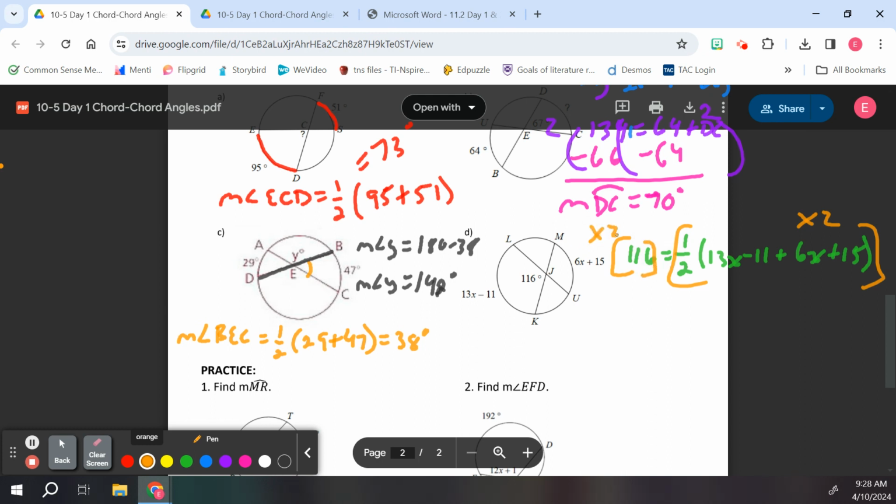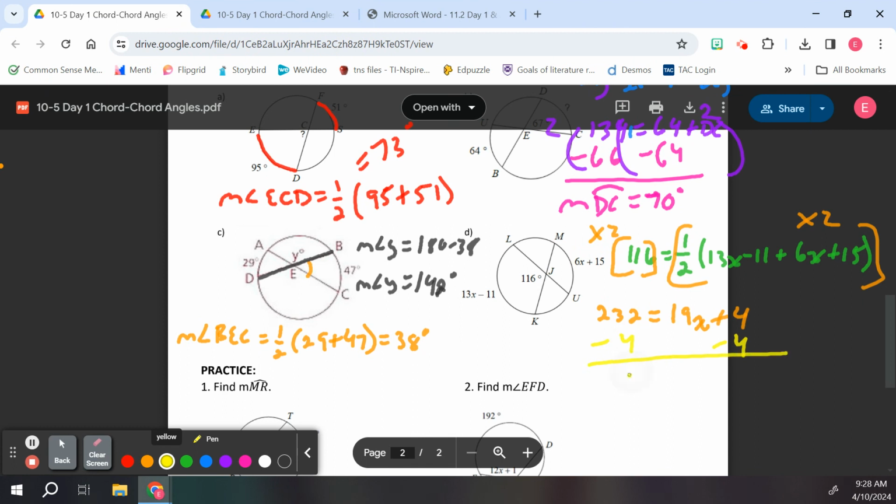This leaves me with 232 equals, I got 19x plus 4. I'm going to subtract the 4 from each side.